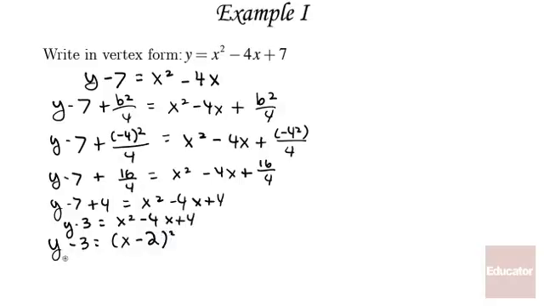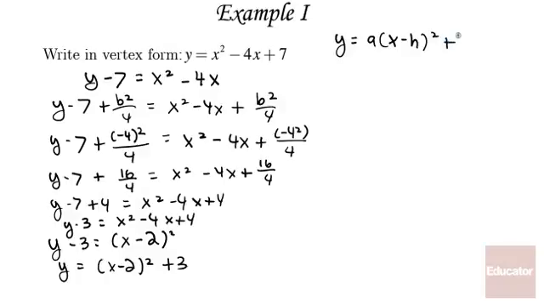squared. Okay, one more step to getting this in vertex form is to move the constant over to the right. And recall that vertex form is y equals a times (x minus h) squared plus k. So here I have a equals 1, h equals 2, and k equals 3.